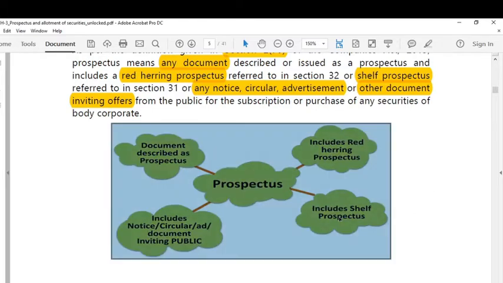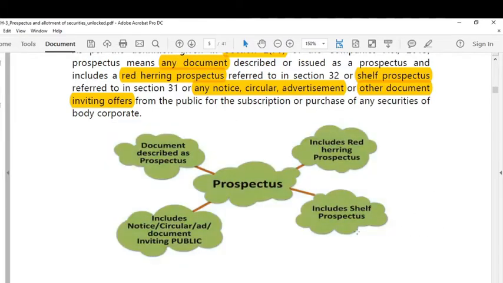The second one is the shelf prospectus. Dear students, shelf means there will be various provisions, various stages in it. In the same way, a shelf prospectus will have a provision for more than one issue based on it.